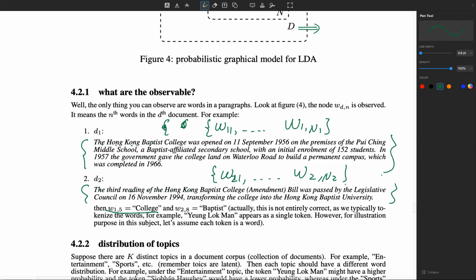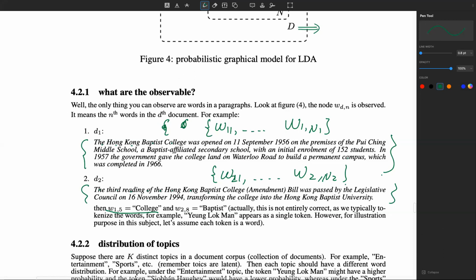This is just for illustration purposes. Usually, you don't treat every single word as a token. There's a pre-processing step, which I'm going to skip because that's really to do with natural language processing. People tend to group certain words together, like Hong Kong would be treated as a single token.